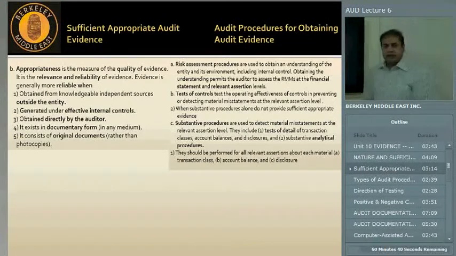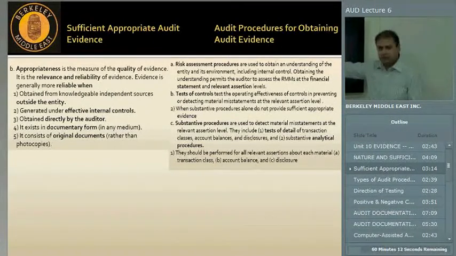Audit procedures for obtaining audit evidence. Now, as we know from our previous knowledge of this audit, the first step is the risk assessment. In the planning stage we see where the entity stands and what the risk of material misstatement is. Then, supplementing that, we do the test of controls.